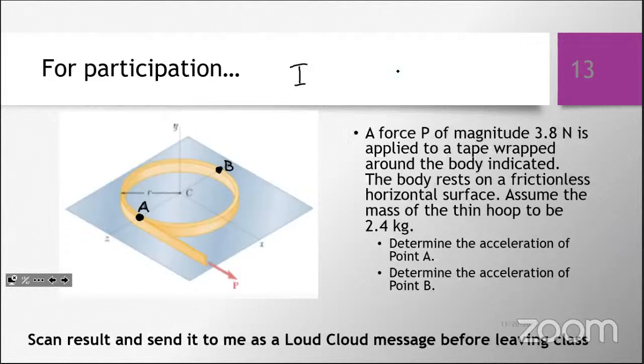In case you wanted to know, I for a thin hoop is equal to mass times radius squared.